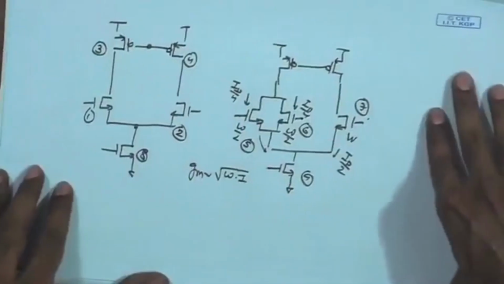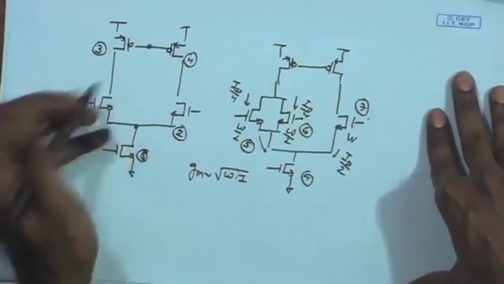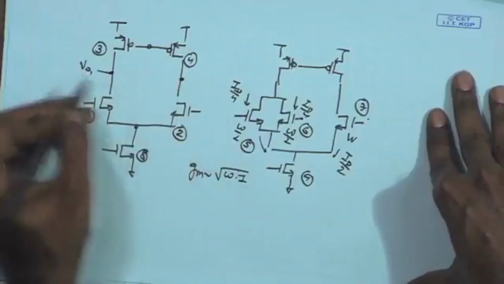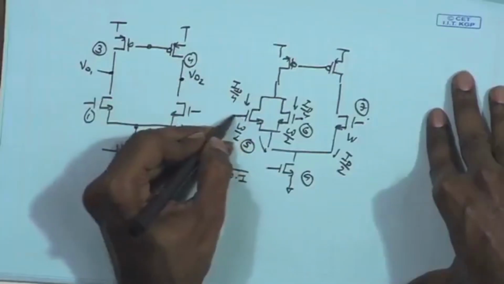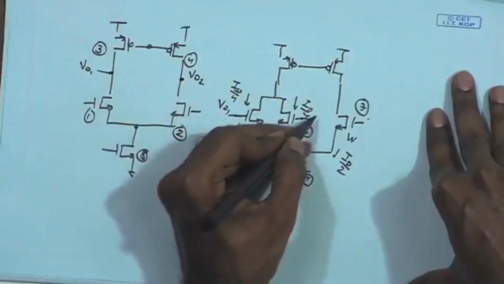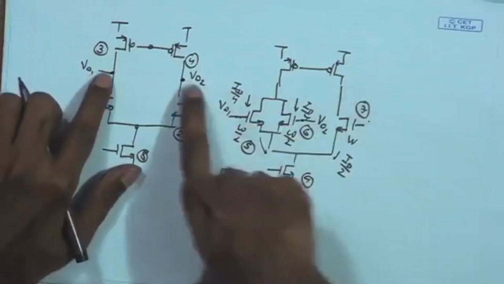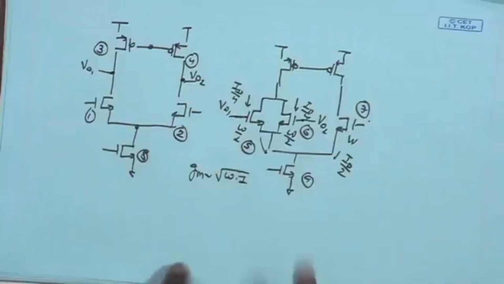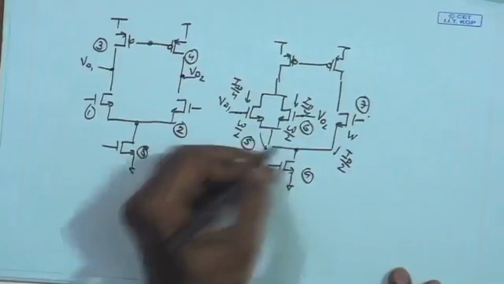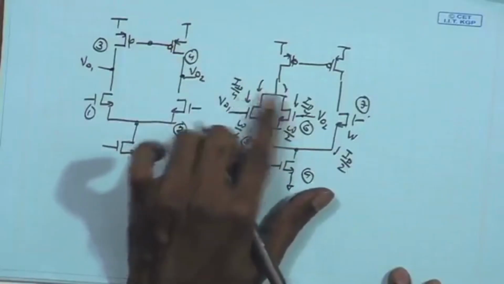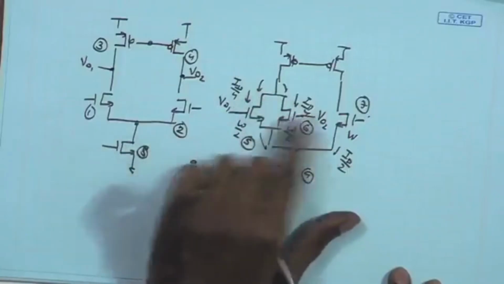Now if we connect the two outputs, say VO1 and VO2, to these inputs, I am connecting VO1 over here and VO2 over here. So these two outputs are brought and connected to the two input devices. Under that condition, what can I write about the common mode or differential current signals flowing through these two?